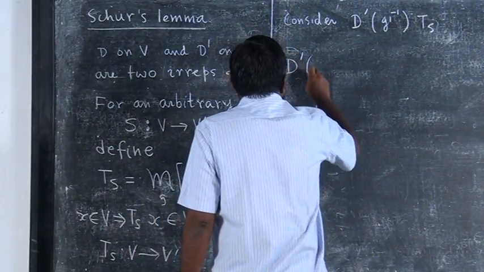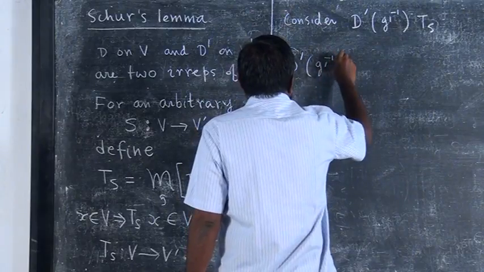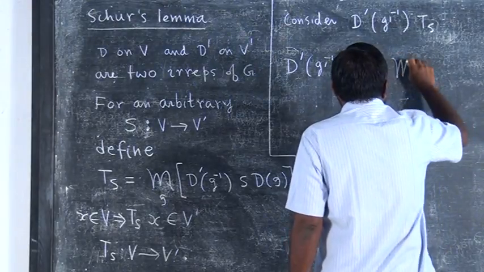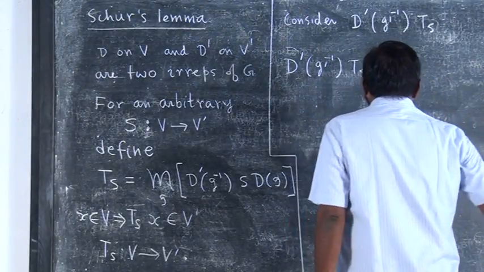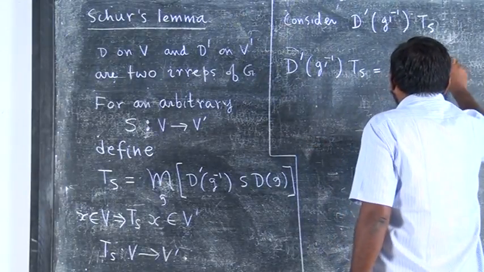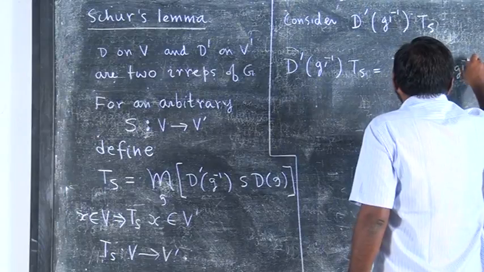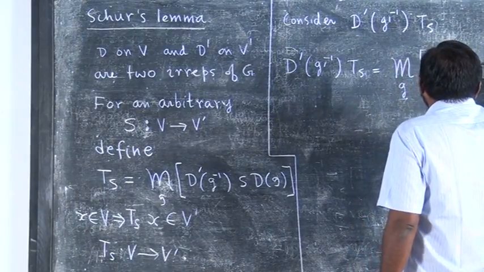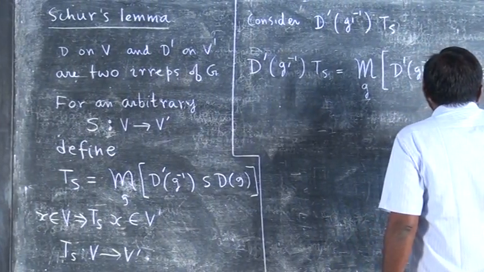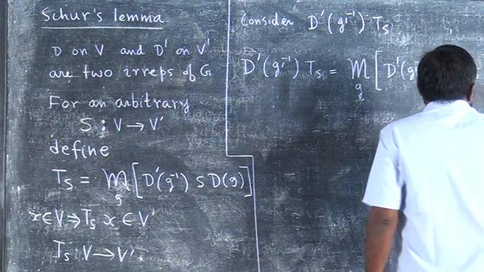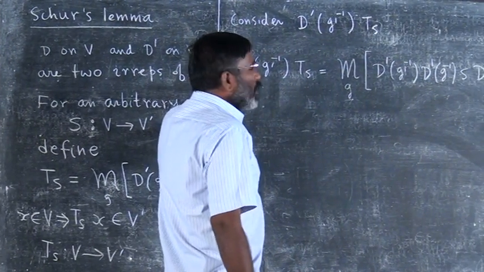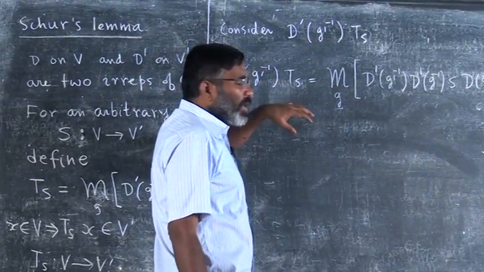D prime of g prime inverse into T_S is equal to the mean of, so I take this inside, then I will have D prime of g prime inverse into D prime of g inverse into S into D of g, correct? I am just considering this. You will realize why I am considering this in a minute.